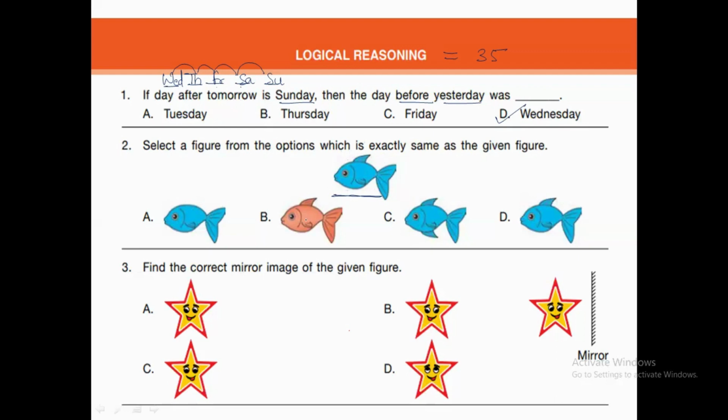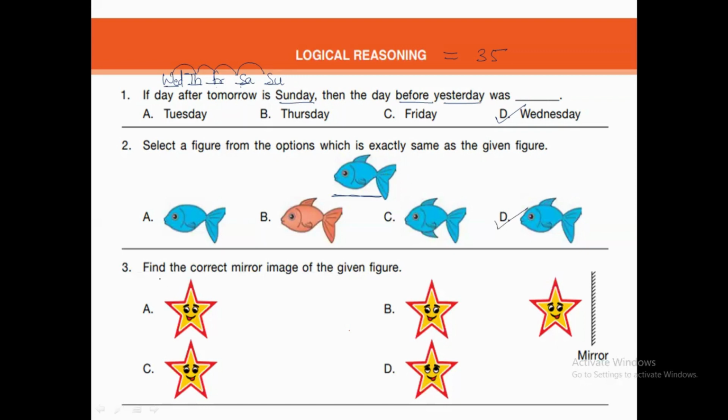Now the color of this fish has already changed. Now the third fish, it has 2 wings. Now let's move to the fourth fish. This fish looks similar to this fish. So we can say option D is the correct one.